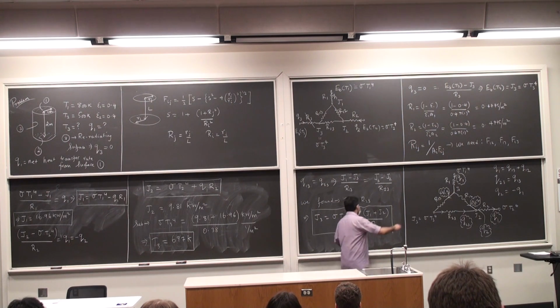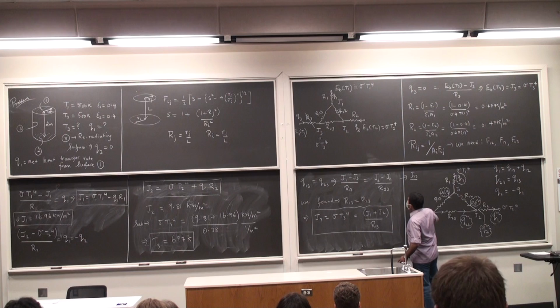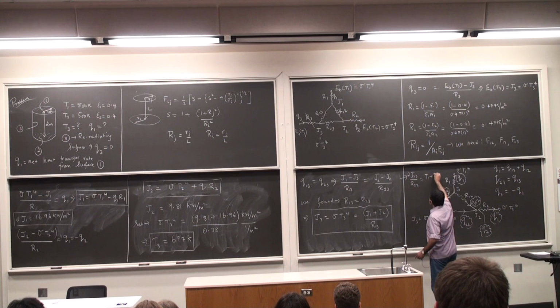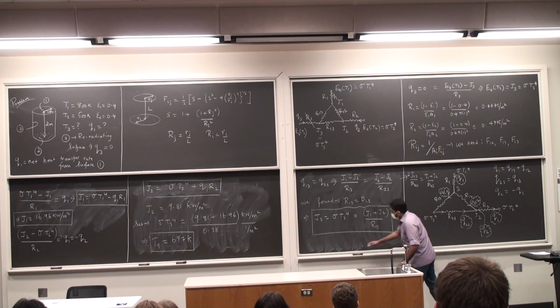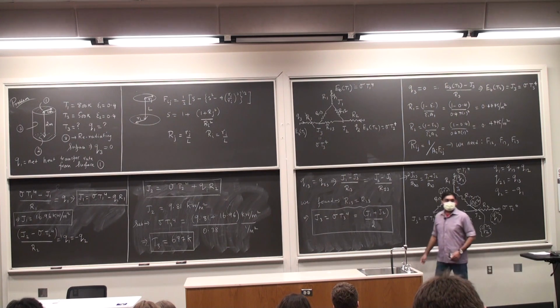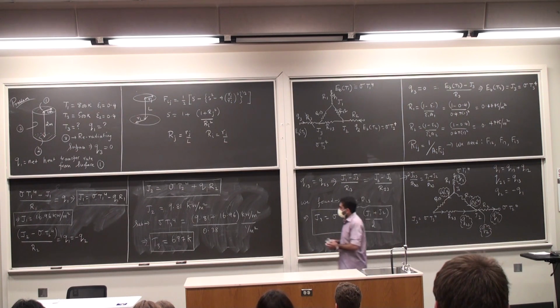So let's do this. From here, J3 times 2 by R23 is J1 plus J2 by R23. So you're right. There should be no R13. There should just be a factor of 2. Thank you. And so that's why these units, I was a little suspicious.